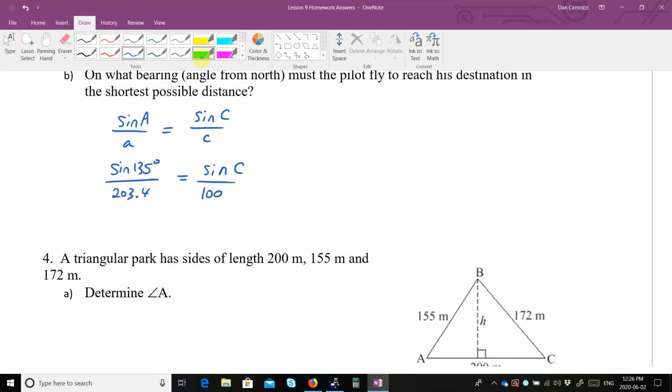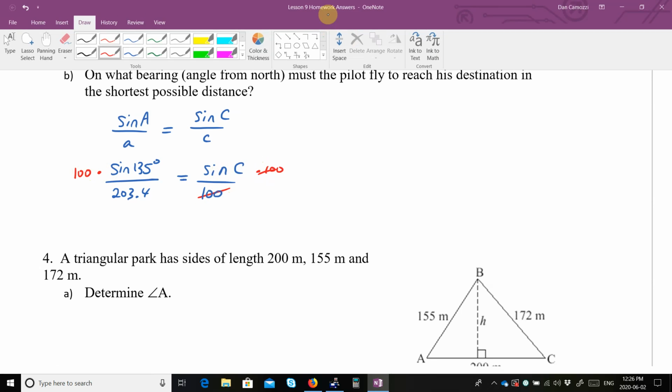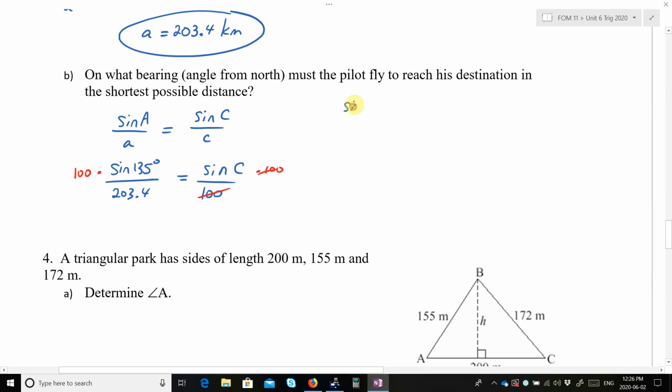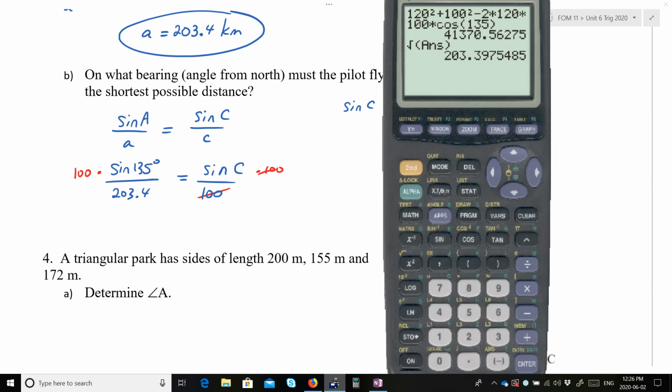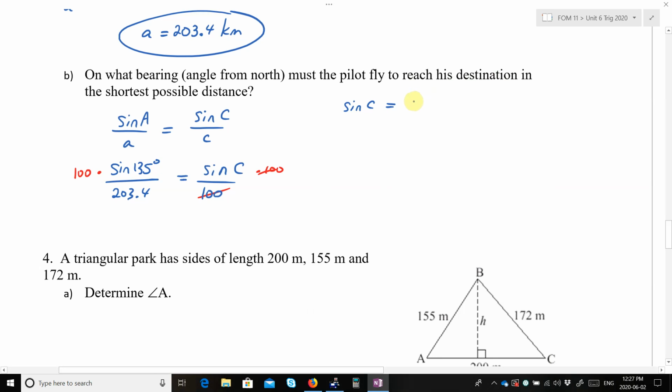Okay, so I want to get capital C by itself. The sine function is acting on it, and then we're dividing by 100, so I'm going to multiply both sides by 100. Sine C is equal to, we'll work all that out, 100 times sine 135 divided by 203.4, which is 0.347.